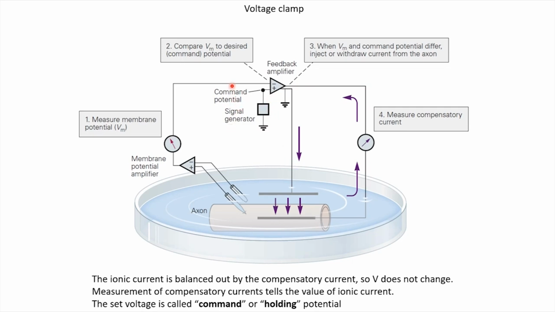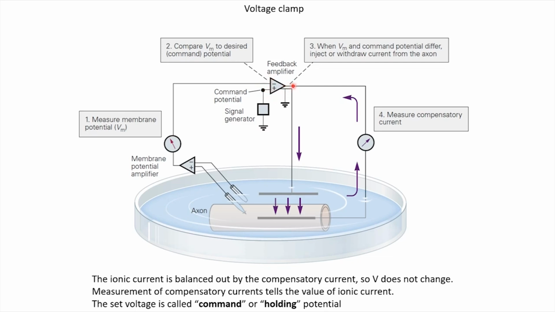If the voltage of the neuron is the same as the command voltage, then this difference will be 0. So there will be no feedback output, and the neuron will continue to be at the command voltage. And if the voltage of the neuron is less than the command voltage, so if it's a more negative value or less positive value compared to the command voltage, then this difference becomes positive, and this positive difference is multiplied by the large amplification factor of this amplifier.